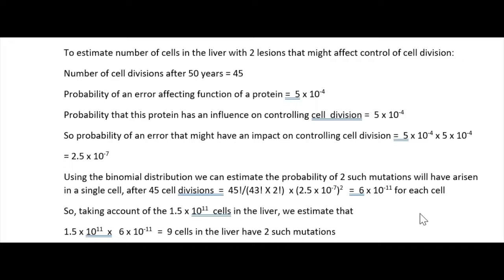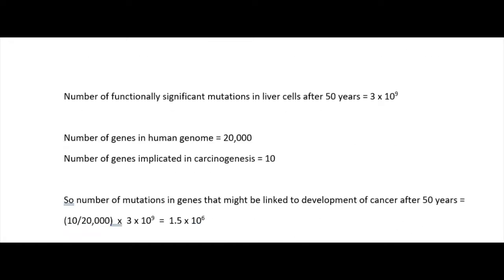If we come back to the picture that we had before, now remember that when we took the liver as an example, we estimated that the number of functional mutations, in other words, mutations that have potentially a significant effect on cell function in liver cells after 50 years, might be something like 3 billion.